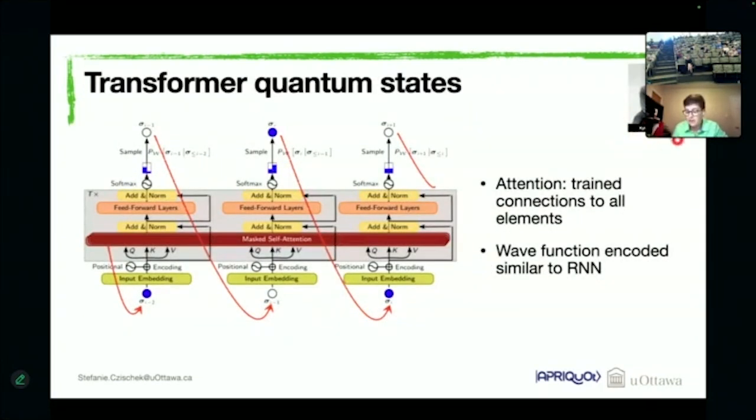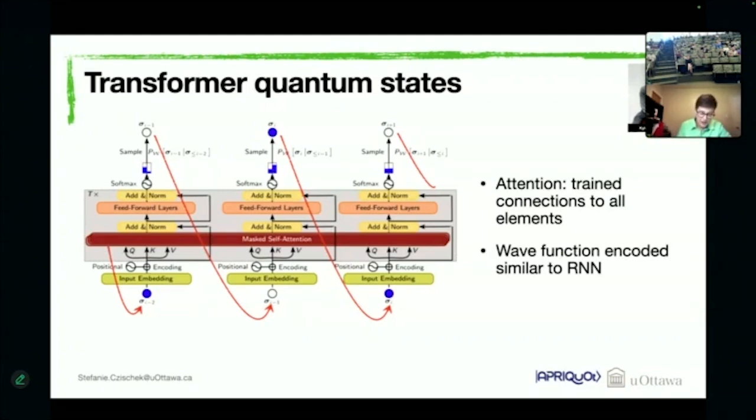And so my former student, Kyle Sprague, was very interested in seeing if transformer quantum states can really do better, because transformers are very well known for being powerful in capturing long-range correlations in sequences. I really don't have time to tell you everything about transformers, but in the end, transformer quantum states work very similarly to the RNNs that I just introduced.